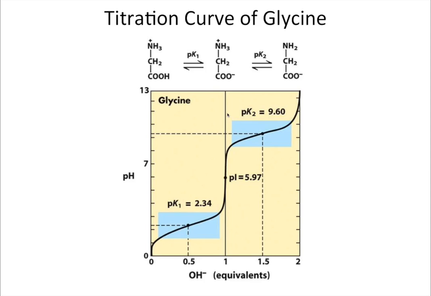So glycine: if you do a titration curve of glycine, as you start to add base you don't really get a large shift, and you go through this first stage where you have one buffer region, with pK1 equals 2.34. Depending on how many ionizable groups there are on the amino acid, that's how many pK values you'll have.